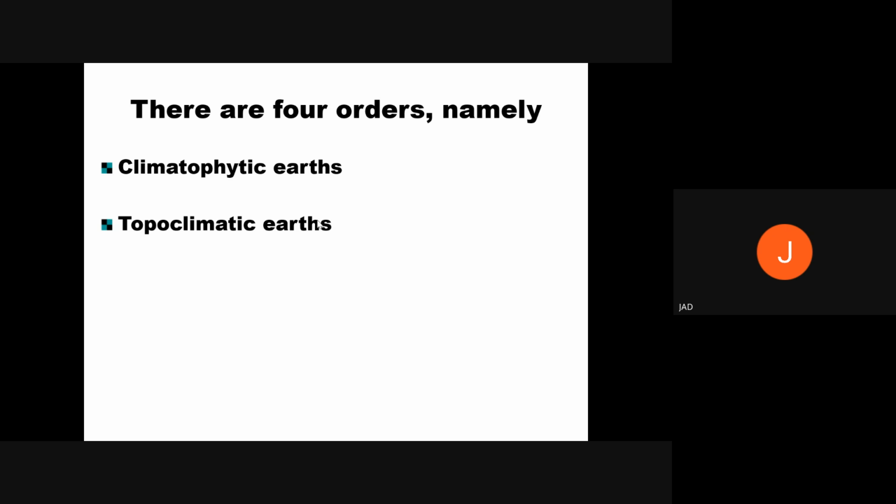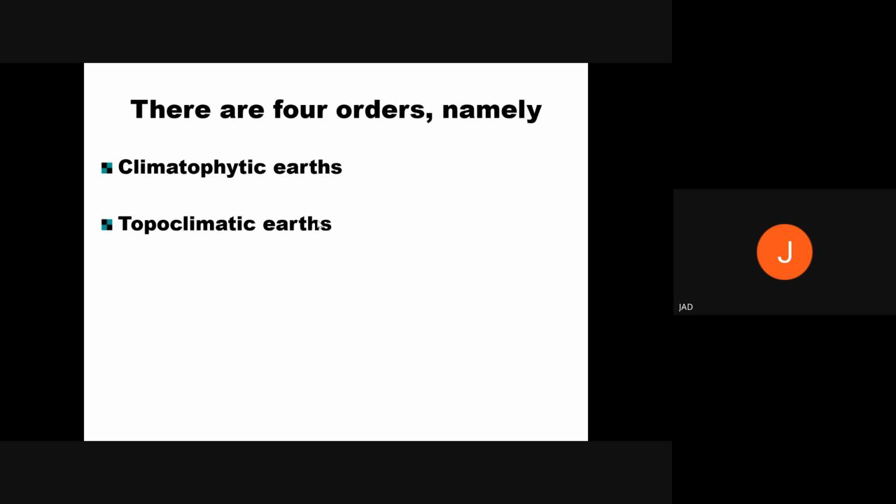Then we have the topoclimatic earths. Topoclimatic earths, you can guess. Of course, this is not a standard scientific term. It refers to soils whose properties and formation have been significantly influenced by local topoclimate.